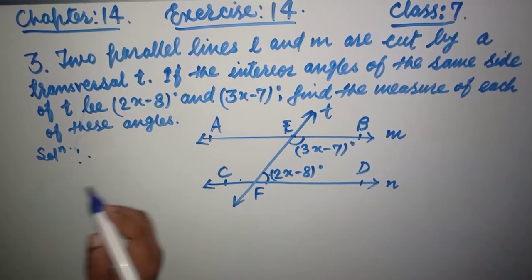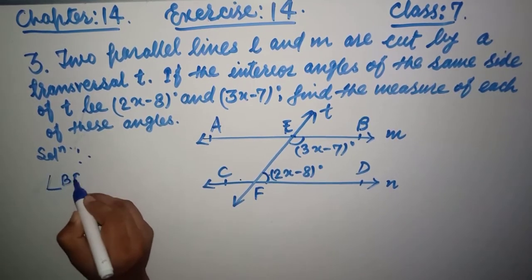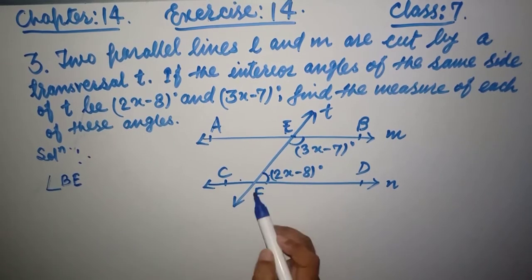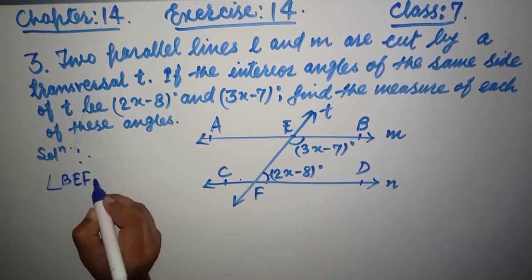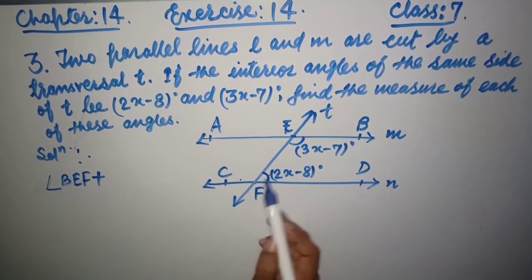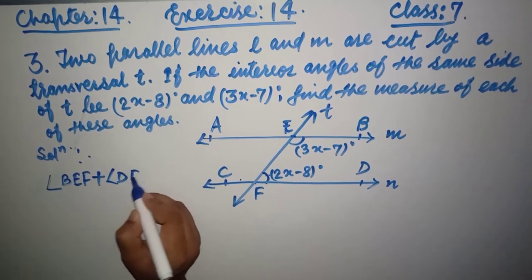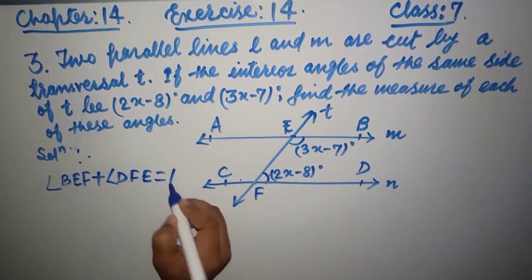So we can write from the figure, angle BEF means this angle, plus angle DFE means this angle, is equal to 180 degrees.